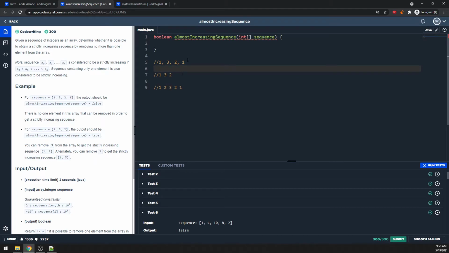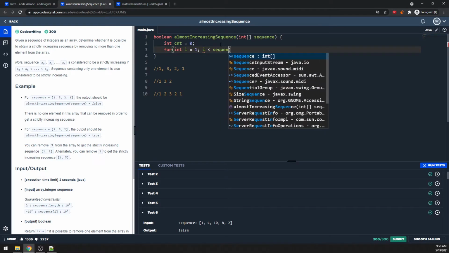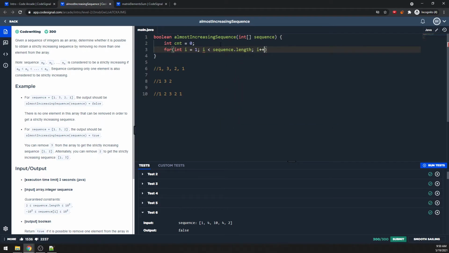So what I want to do is starting from the count. So this is the count of the decreasing element. So I equal to 1, I less than sequence the length I plus plus, and if the previous one is greater than equal to the current one, we do care about it.